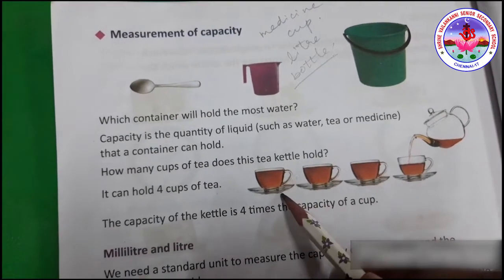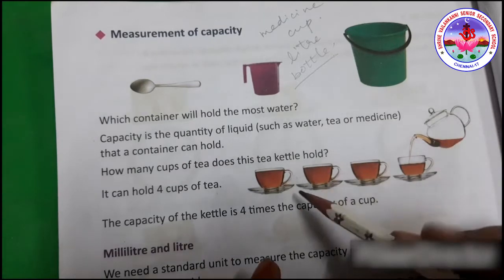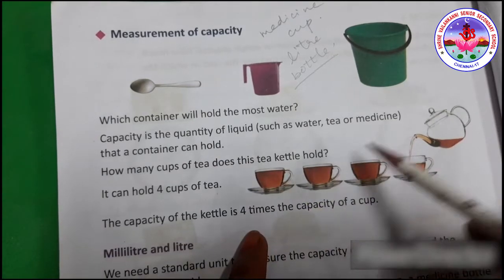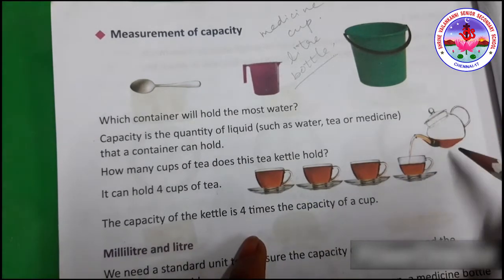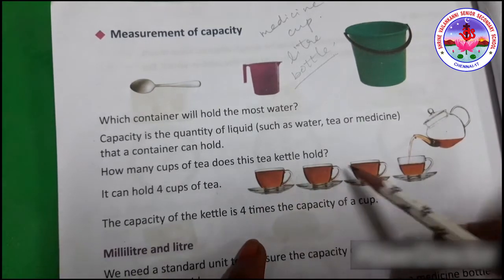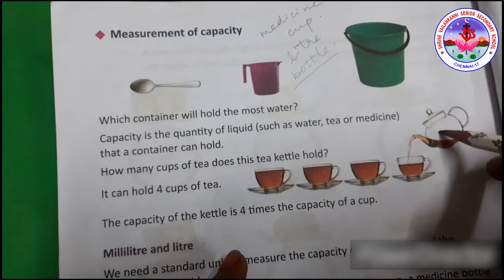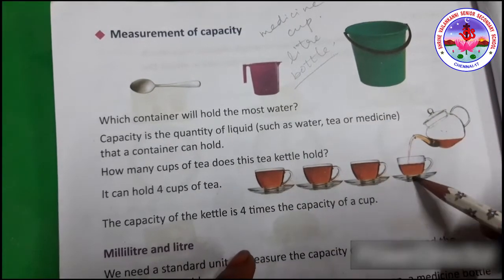Now here you are using an object to measure the capacity of another object. It can hold 4 cups. There is tea in this kettle. When you pour, it fills 4 cups. That is, the capacity of the kettle is equal to the capacity of 4 cups.